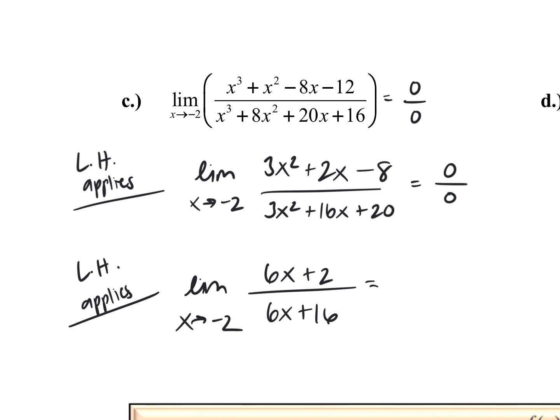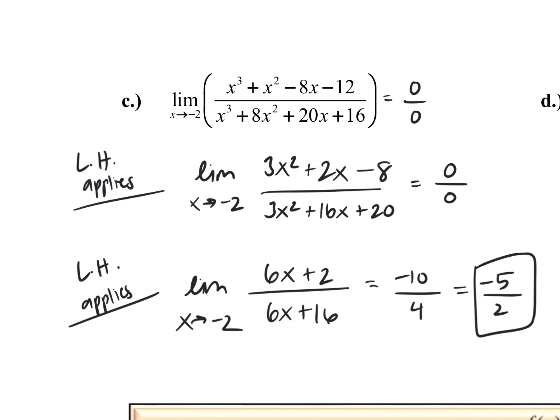I get -10 on top and 4 on the bottom. So that gives me a total of -5/2 for my answer there. So do L'Hopital's rule as many times as you need until you stop getting 0 over 0 or some other type of indeterminate form. Okay?